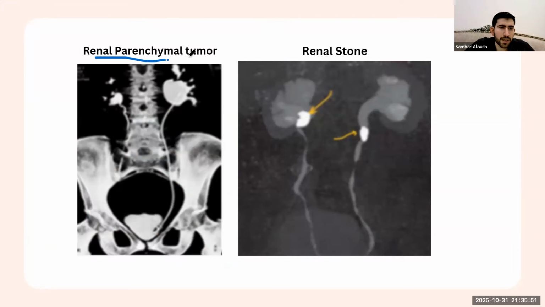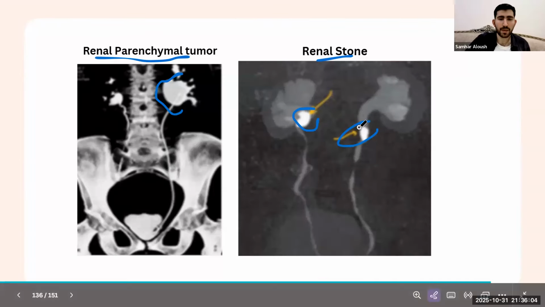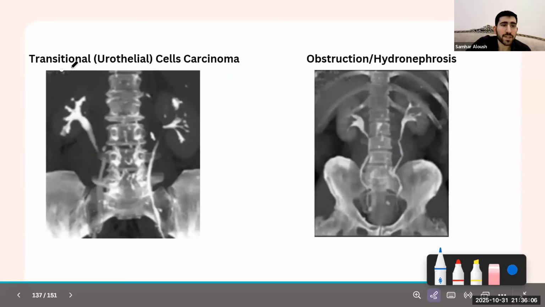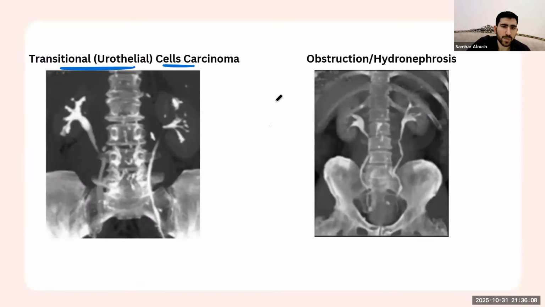This is renal parenchymal tumor. So it's a tumor of the kidney itself. As you can see here, the kidney itself is dilated. Here we have renal stone. I think it's clear at this point what a renal stone is. Here we have transitional urothelial cell carcinoma. So we said that the kidney is made of cuboidal or columnar epithelium.